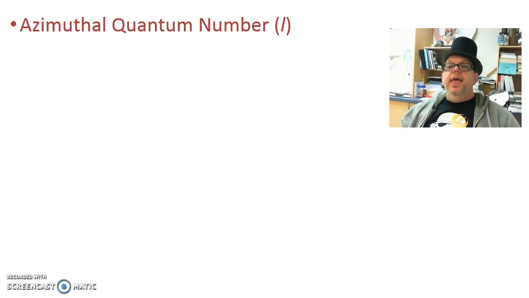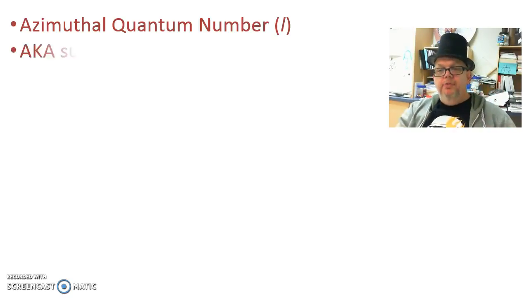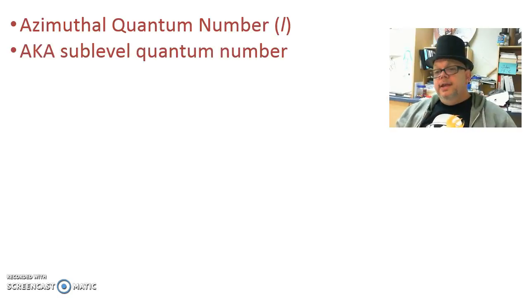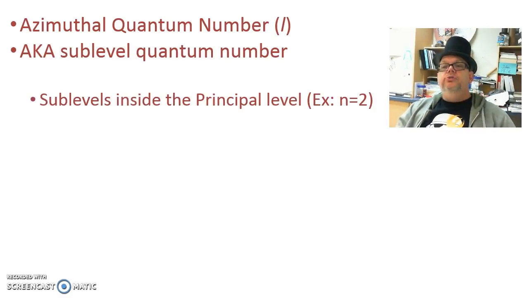Okay. The L number. The azimuthal quantum number. Whoa, azimuthal quantum number. Just think of it as the shape of the orbital that it's in. It's also known as the sublevel quantum number. Those are sublevels inside the principal level.